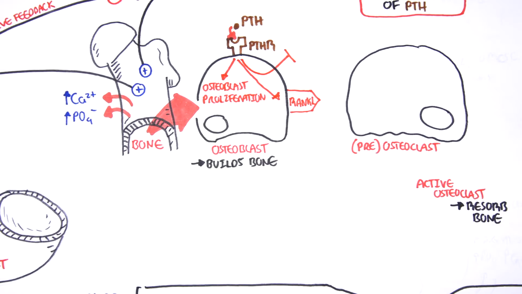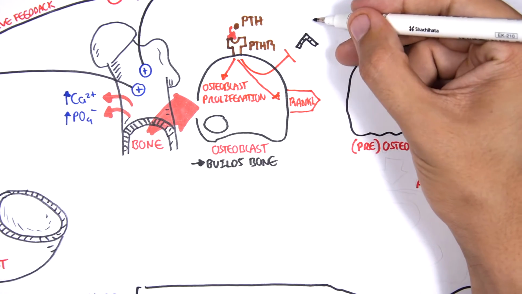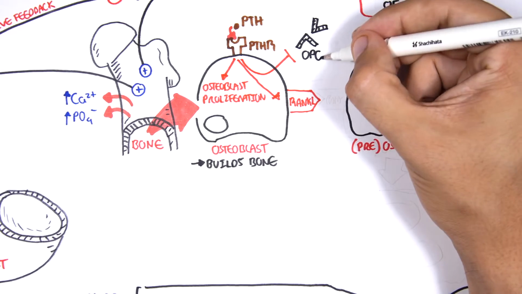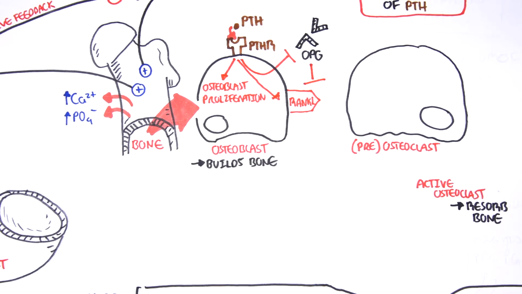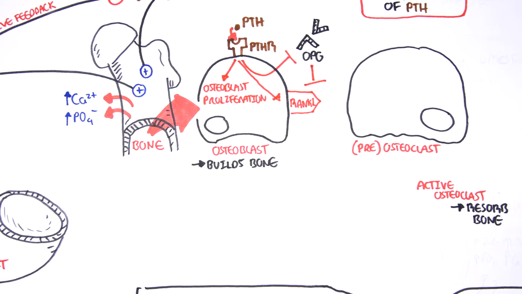Thirdly, the parathyroid hormone will cause osteoblasts to stop making osteoprotegerin. Now, osteoprotegerin, also known as OPG, normally inhibits the activity of RANK ligand binding onto another receptor. So basically, parathyroid hormone inhibits this process, so it doesn't want OPG to have an effect.